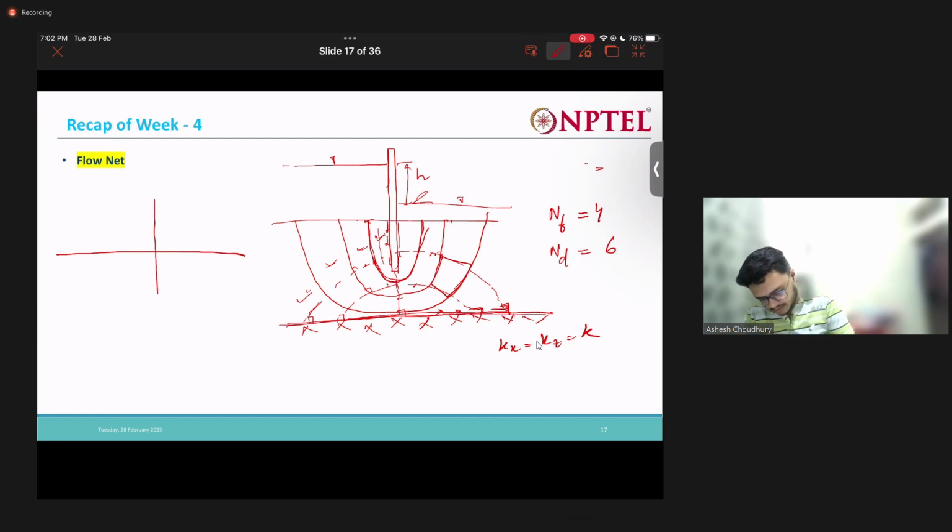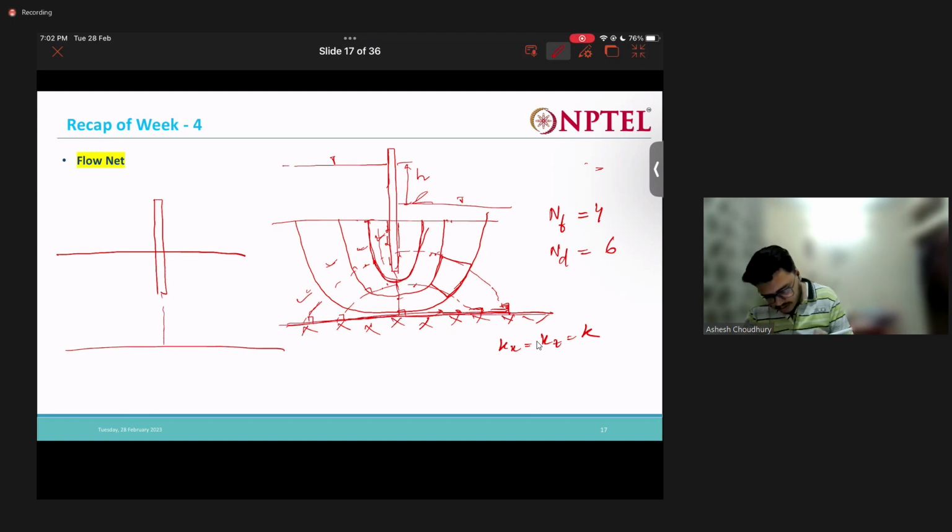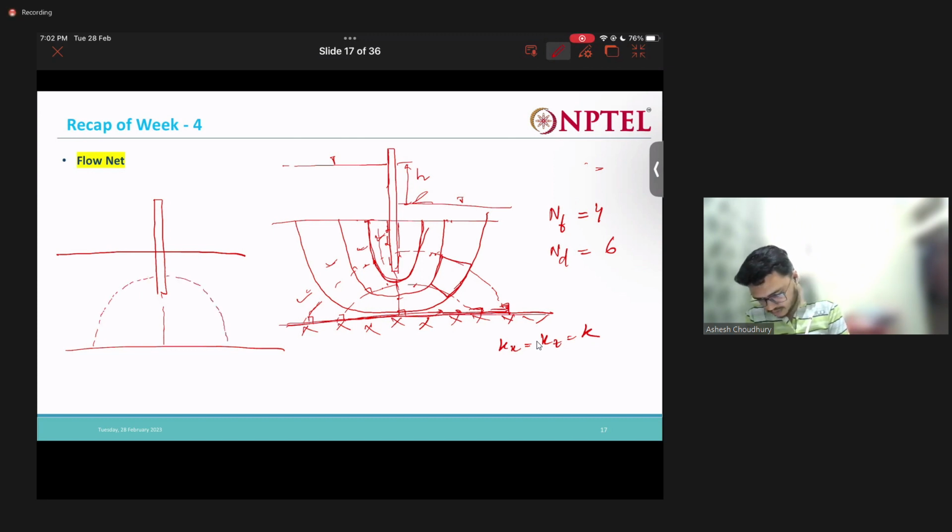So here is my sheet pile. These are my flow lines and these are my equipotential lines.